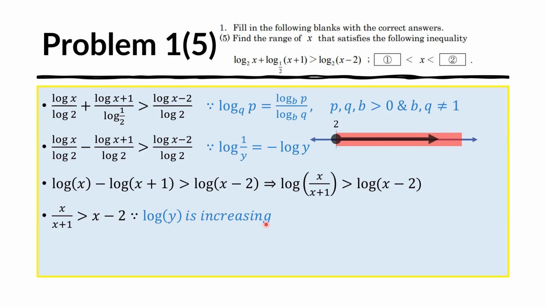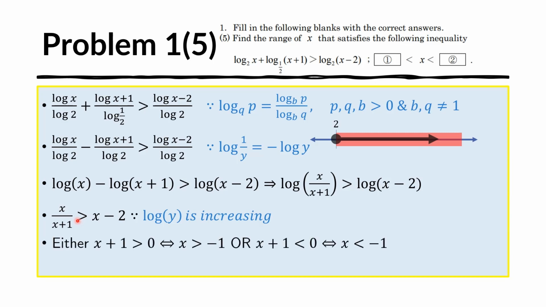Now, we can multiply both sides by x plus 1. That's okay, but we have to be careful because if x plus 1 were a negative number, then this sign would flip. If it's a positive number, then we don't have to flip the sign.